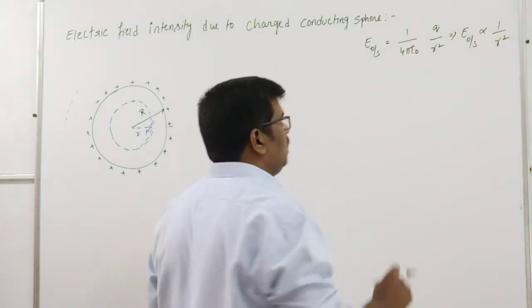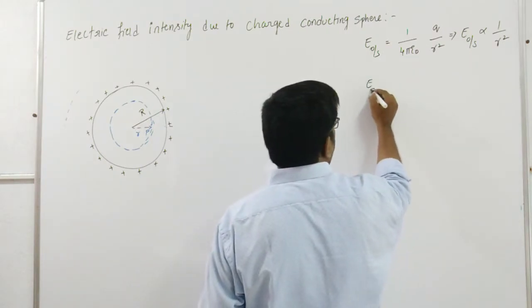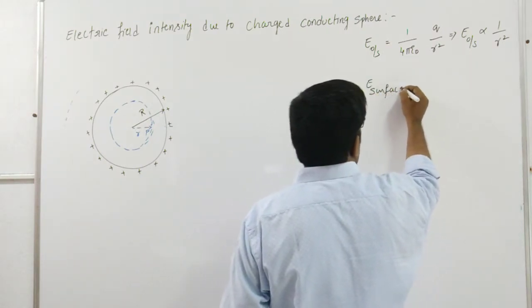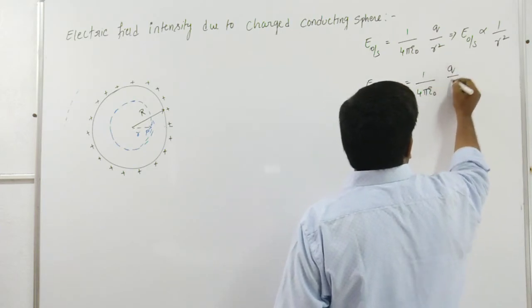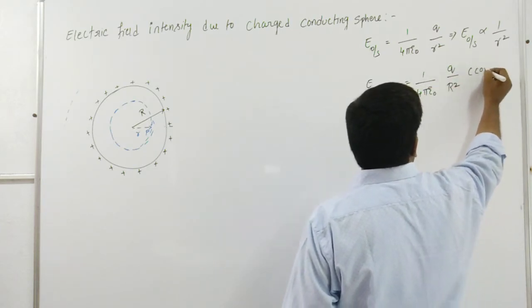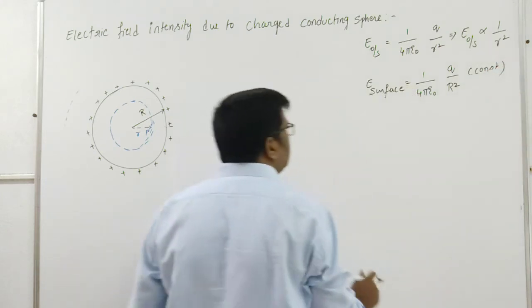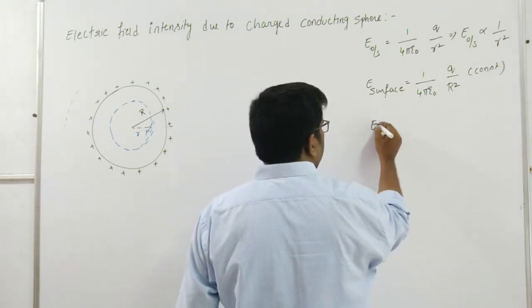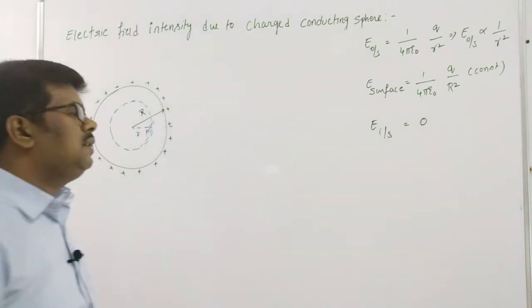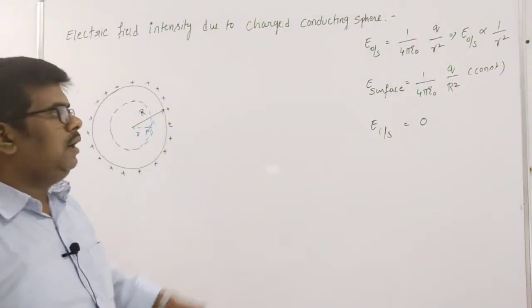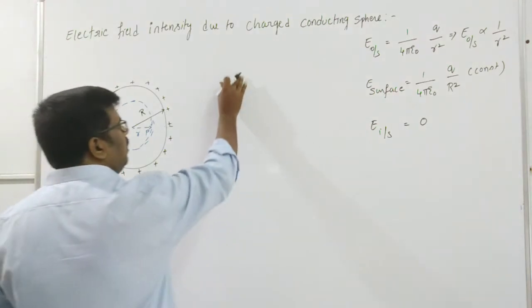As for E on the surface, it is 1 upon 4 pi epsilon naught q by capital R square. This is constant and maximum. Next, E inside is 0.